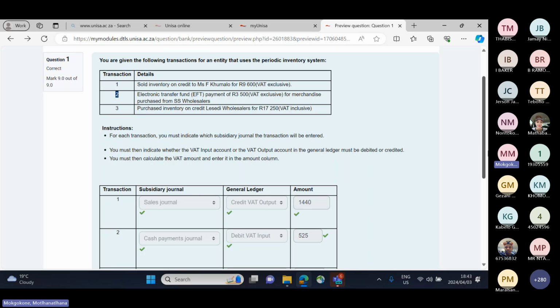EFT payment of 3,500 VAT excluded for merchandise purchased from SS wholesalers. Previously, the business purchased on credit from SS wholesalers. Now the business is paying their debt for the merchandise purchased previously on credit. Now they are paying SS wholesalers 3,500. The money is coming out of the business.